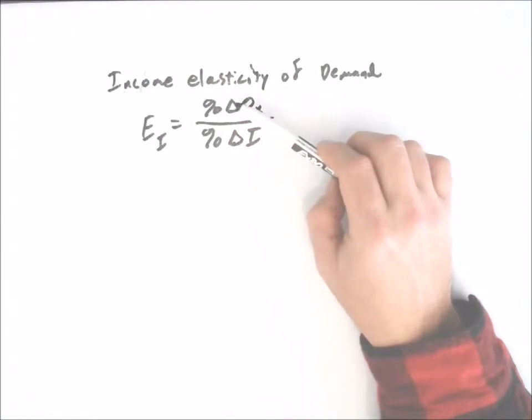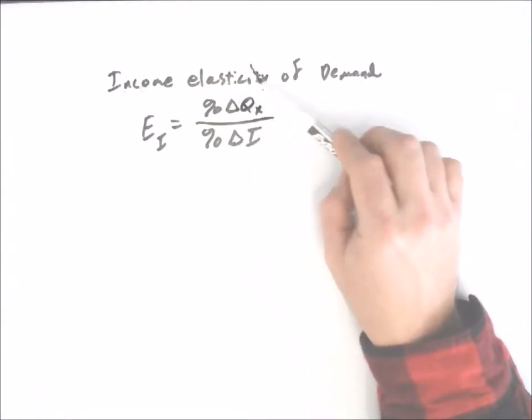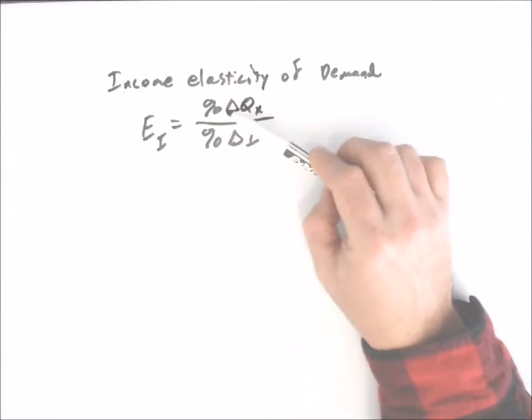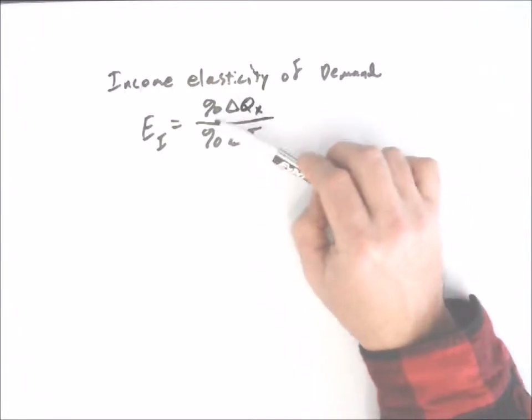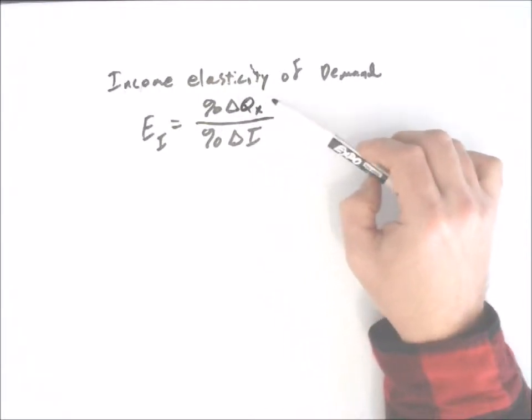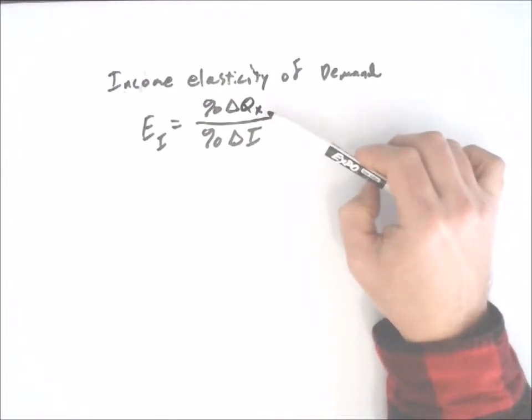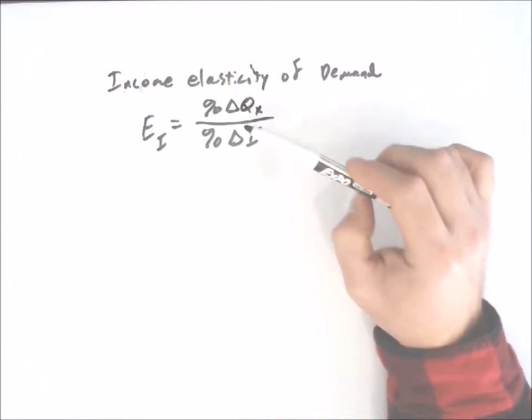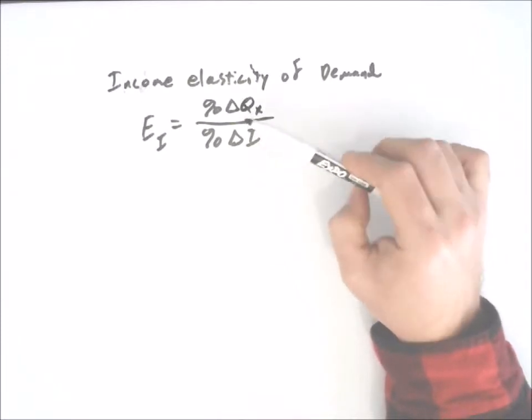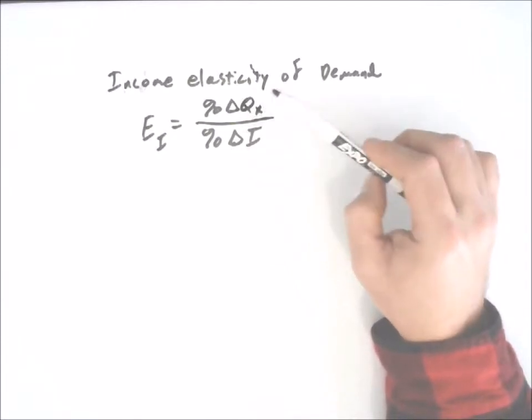Now, recognize here, I didn't say how much does the quantity demanded change, because we're not talking about movement along the curve anymore. Remember, you can only get movement along the demand curve by changing the price of the product.